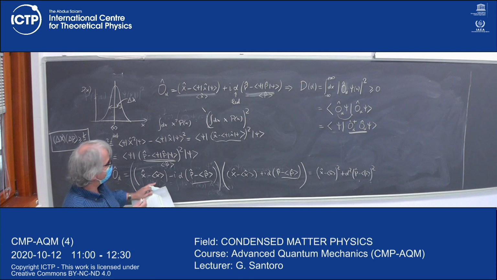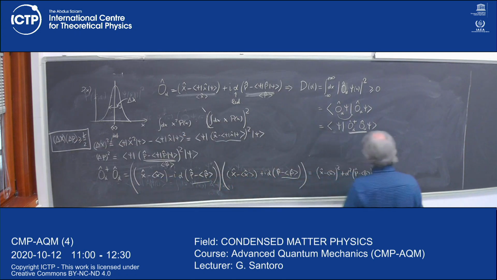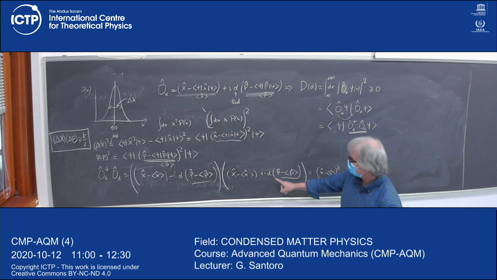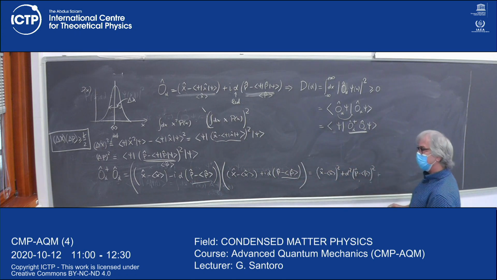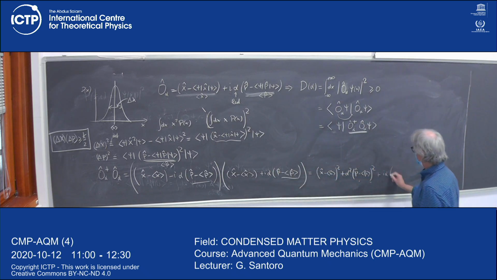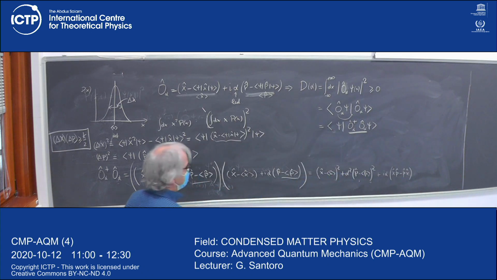So the numerical subtraction that you make doesn't matter in this commutator. The only non-trivial term that survives is, I write it here, plus i alpha, and then I have xp minus px. Check that that's what you get.